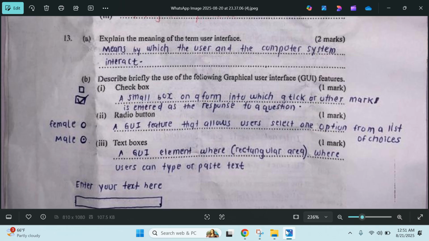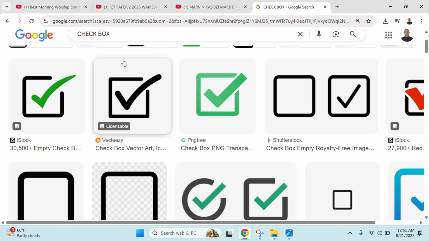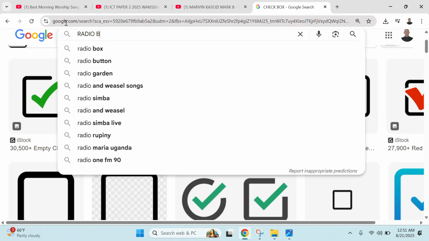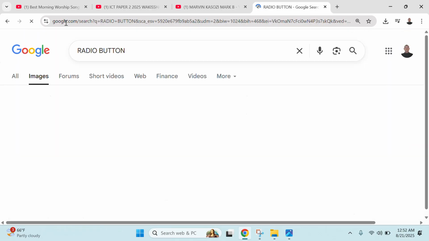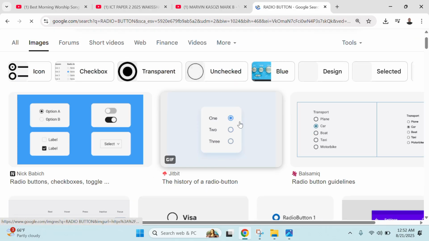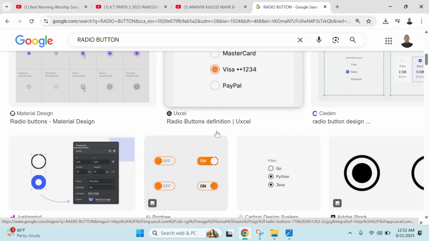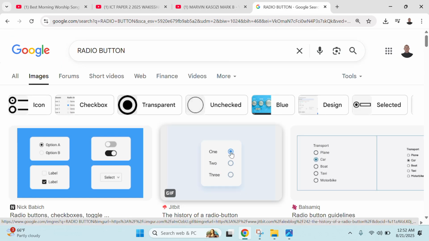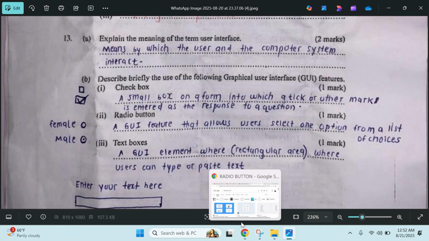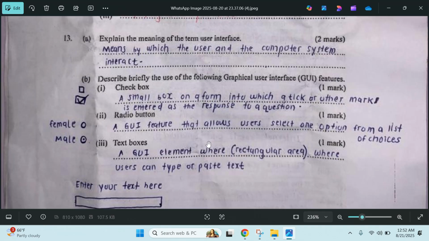It's going to look like this. This one is very common. It's also common with female, male. Even this one is a radio button, so it allows you to select one option from a list of choices, like something I was drawing here.